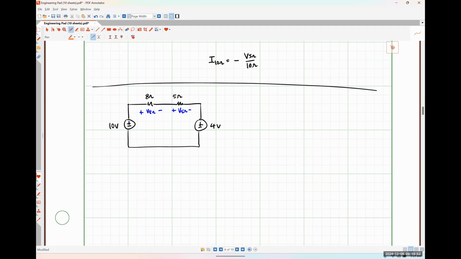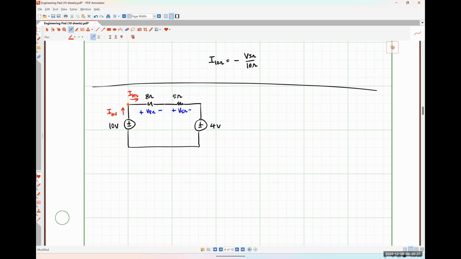So if we were to apply Kirchhoff's current law at this node, I could say that the current that is leaving the 10 volt source must be equal to the current that's flowing through the 8 ohm resistor, right? Because the current flowing in, which is I 10 volts, has to be equal to the current flowing out, which is I 8 ohms. Everybody okay with that?